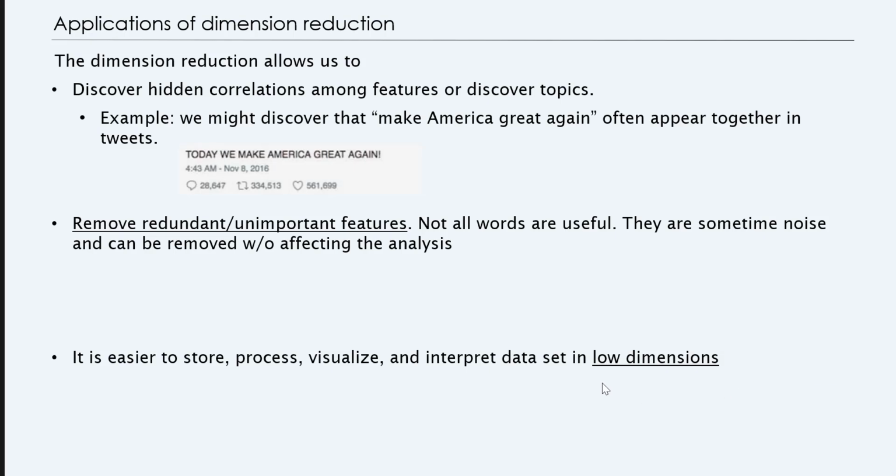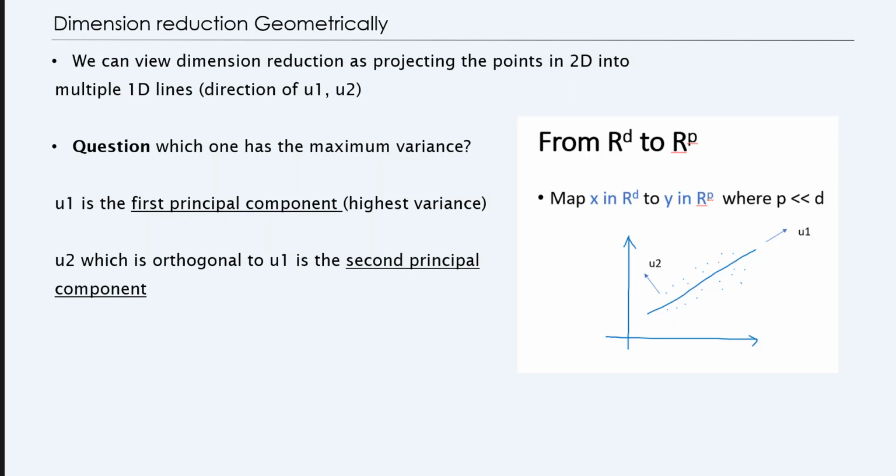The process involves removing redundant or unimportant features, which are sometimes just noise and do not significantly impact the analysis. So reducing the dimensionality of the dataset makes it easier to store, process, visualize, and interpret, enhancing the clarity and efficiency of the data analysis.